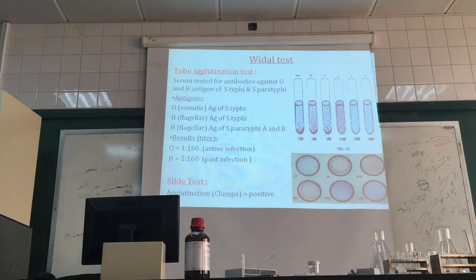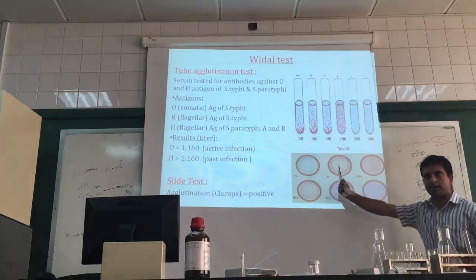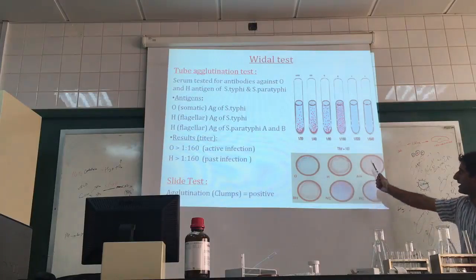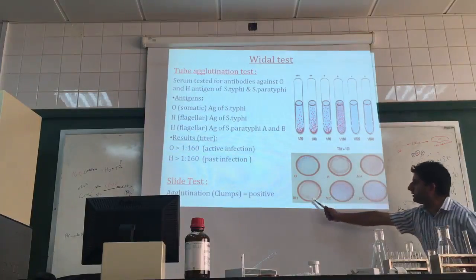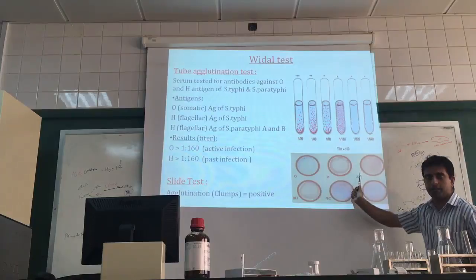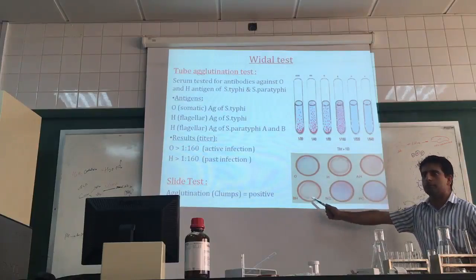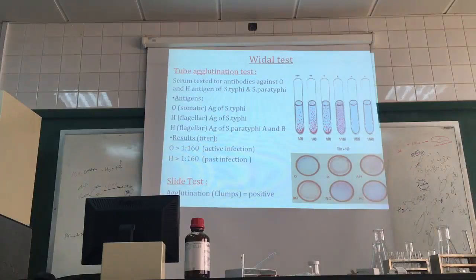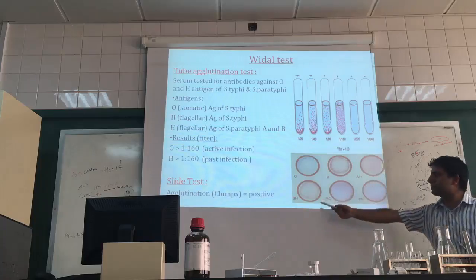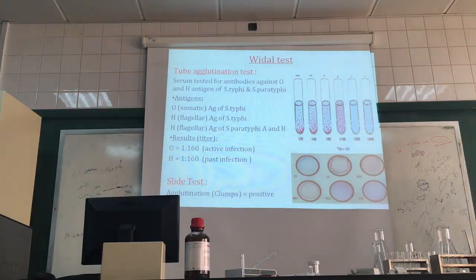Now tell me, when we do the Vidal test, we do O antigen and H antigen for Salmonella typhi. But for paratyphi A we do H, for paratyphi B we do H. Why not O? Why not paratyphi A O, paratyphi B O? You got my point?